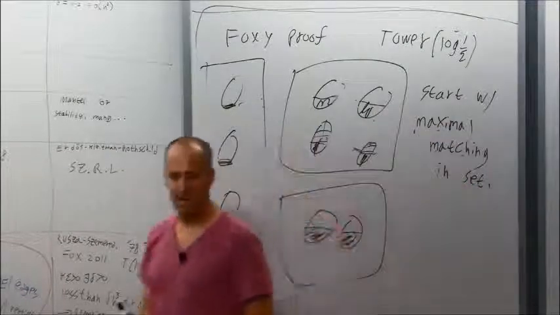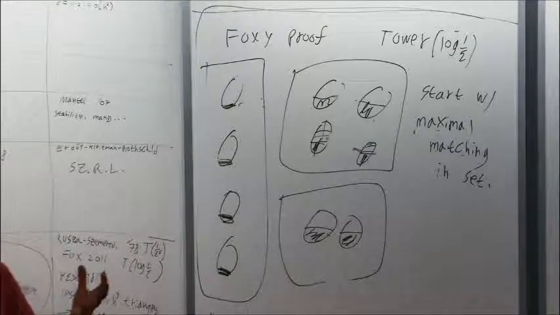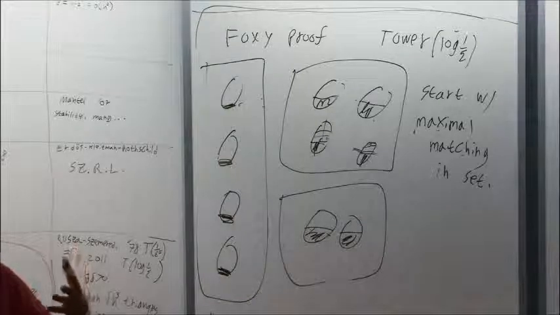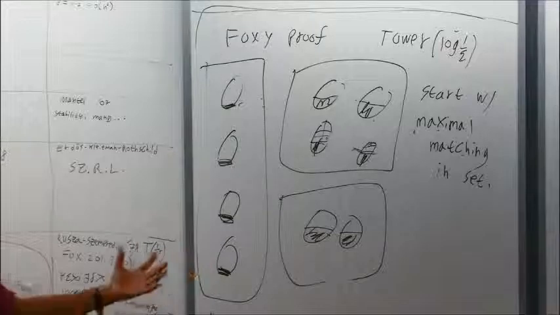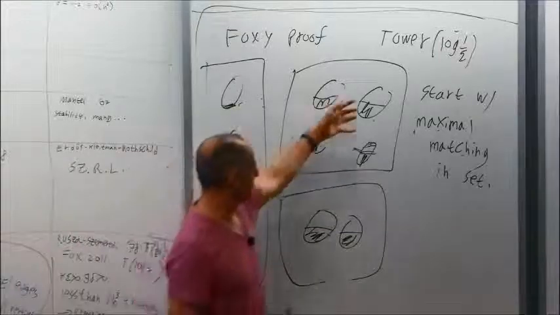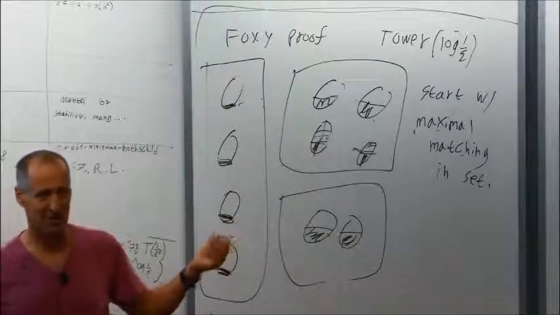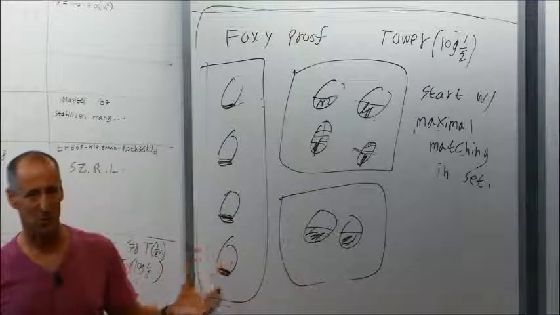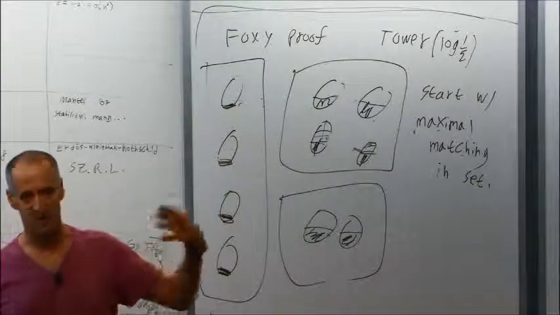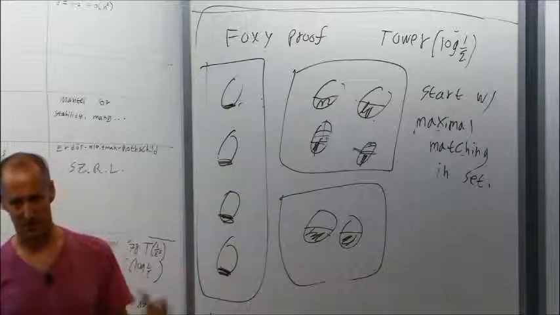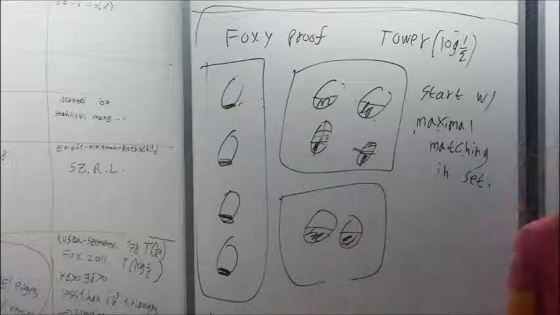I don't know if you like proofs by contradiction or not, but if your original set required removing at least epsilon proportion of the vertices to become independent, then this is true also if you restrict your set to this maximal matching, because you have to remove one vertex from each edge in the maximal matching. So you know that the size of the matching has to be epsilon or 2 epsilon or something like that. So you begin with a maximal matching.